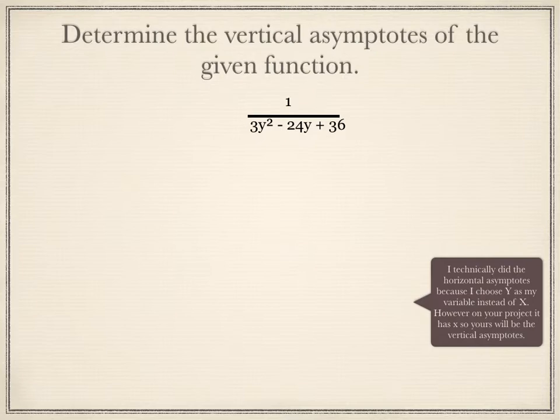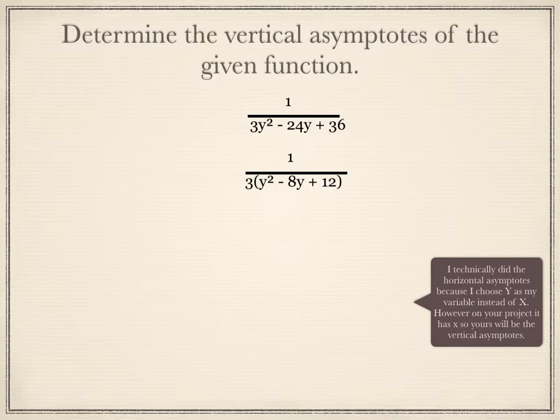So, can I divide 18 by 3? Yes. Can I divide 36 by 3? Yes. So I'm going to go ahead and pull out that 3. So I put the 3 on the outside. 3y squared divided by 3 is just y squared.